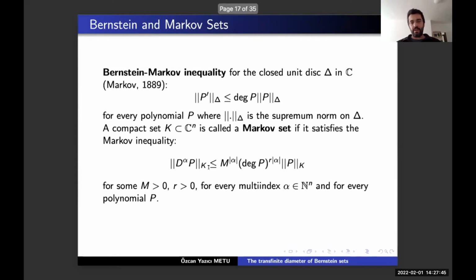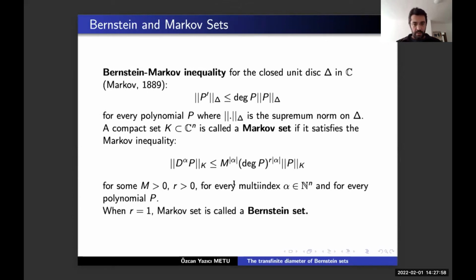You can guess easily that the unit disk or ellipsoids are all Markov sets. These are nice sets. When r is equal to 1, we call our Markov set a Bernstein set.